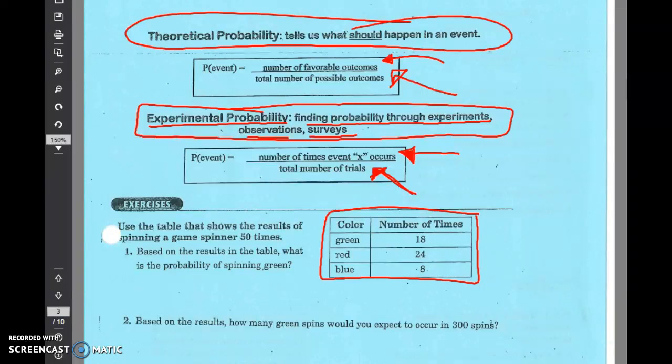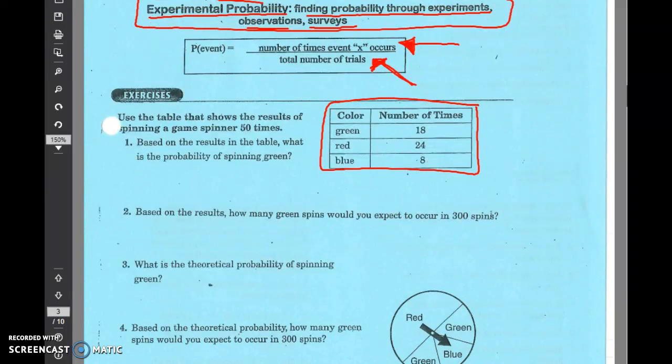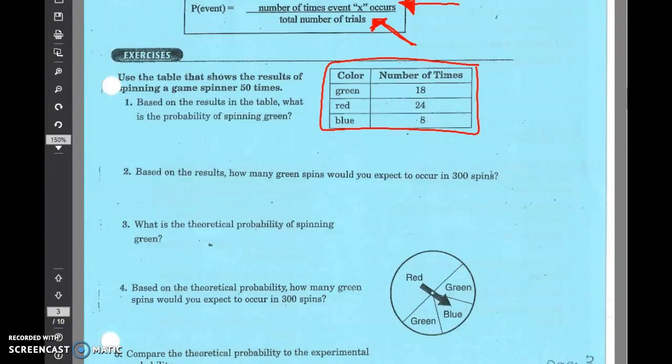Experimental and theoretical are very similar. It's just that one probability is based on actual data. Here is a table that shows the results of spinning a spinner. And this person performed the experiment 50 times. So that will be your denominator in each of your examples.